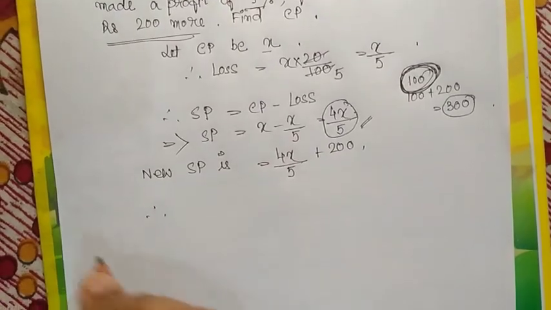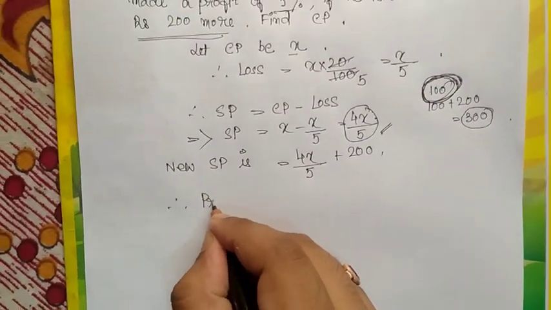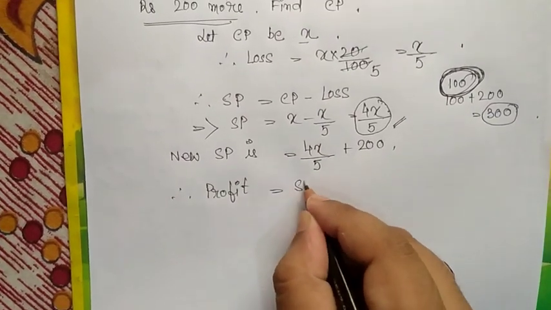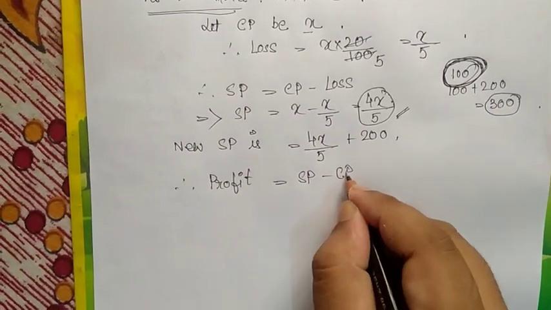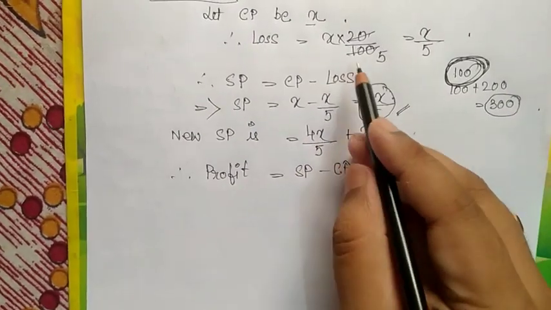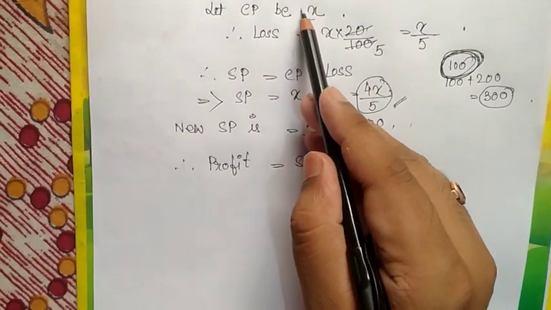So therefore profit should be SP minus CP. Here SP is the new SP because the previous SP is less than CP.